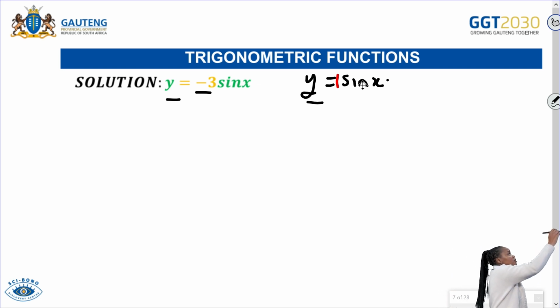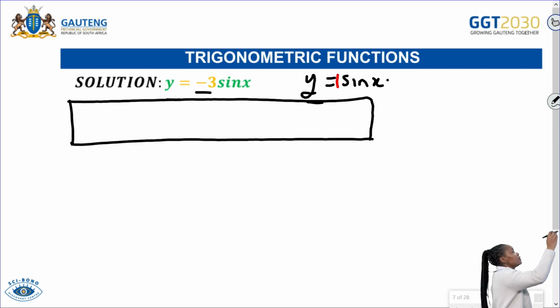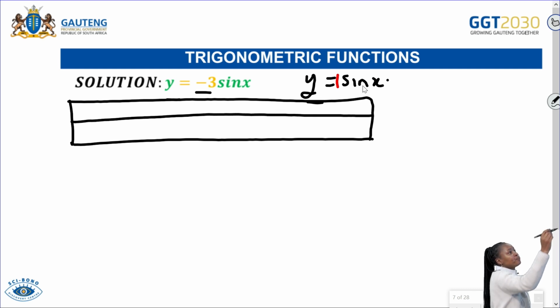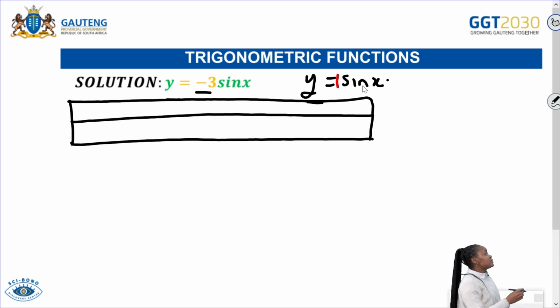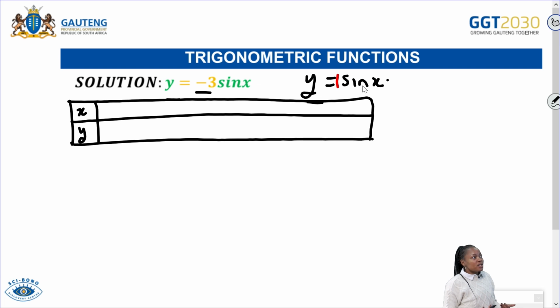Okay, so I'm going to use my table method. I'm sure you already know how to use the method of using the calculator. So we are starting from negative 360. I have my x values, I have my y values. How do you know the intervals that you're supposed to be using?